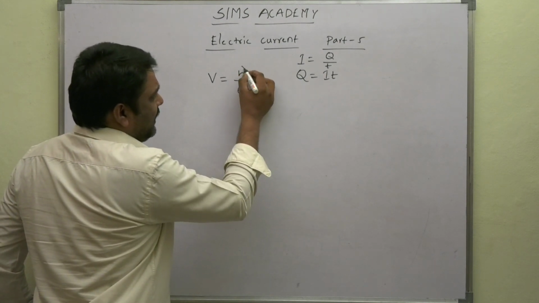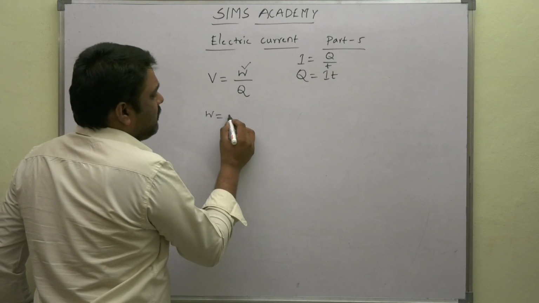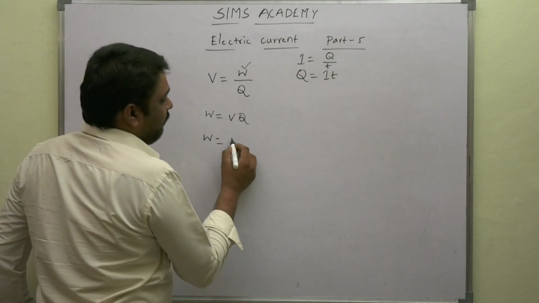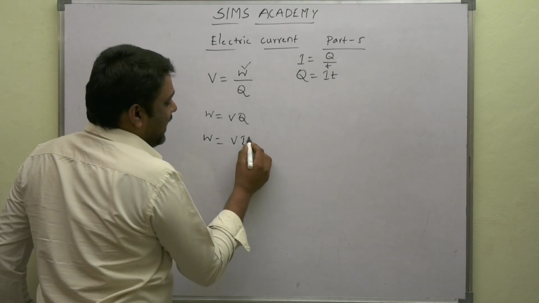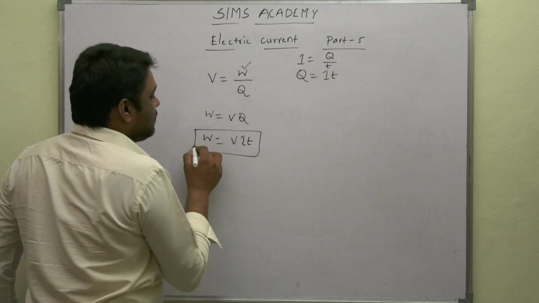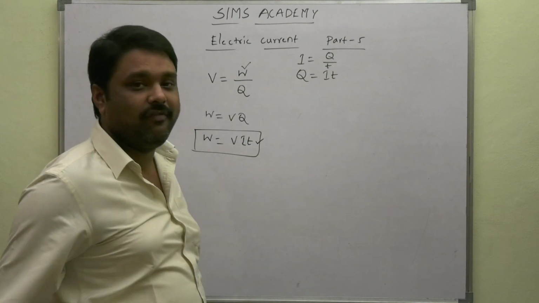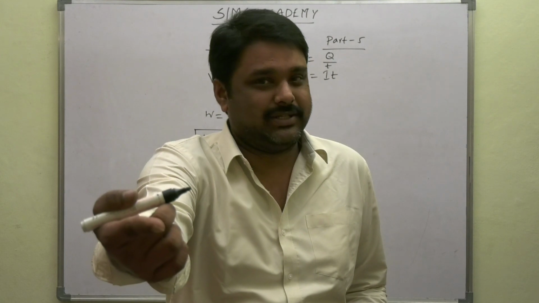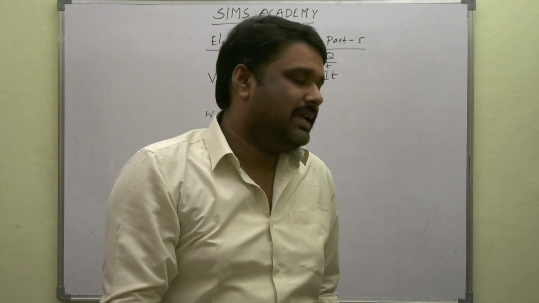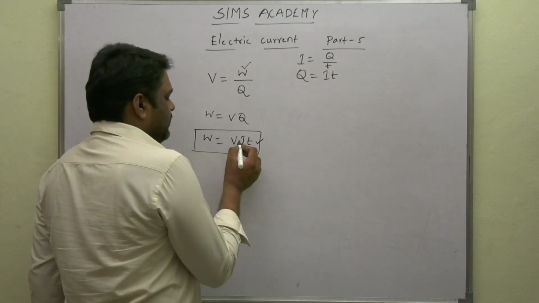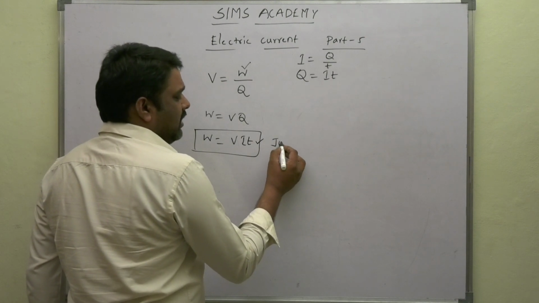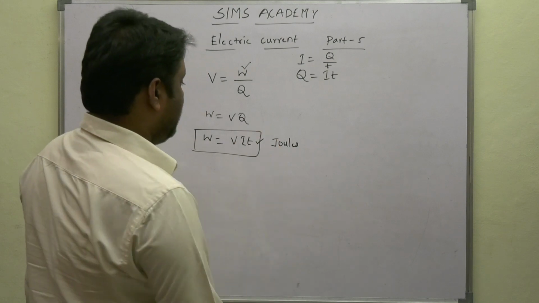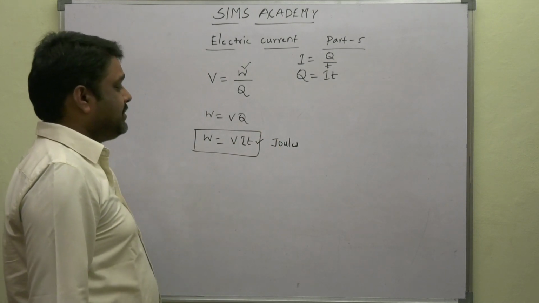Now we have to find the value of W. W equals V into Q, which is V into I into T. This is the electric work done on the charge. We already know the unit for work is joules in the SI system.